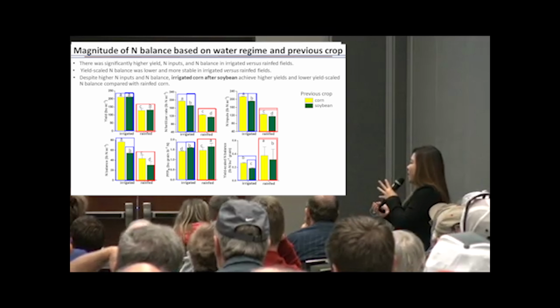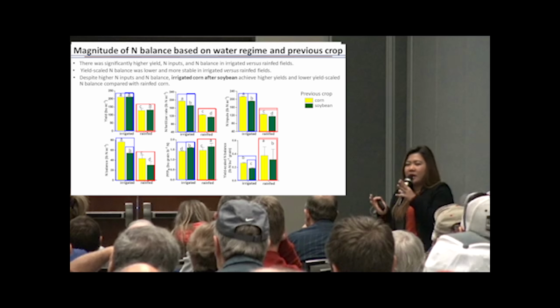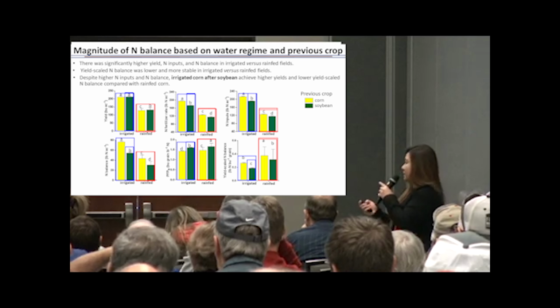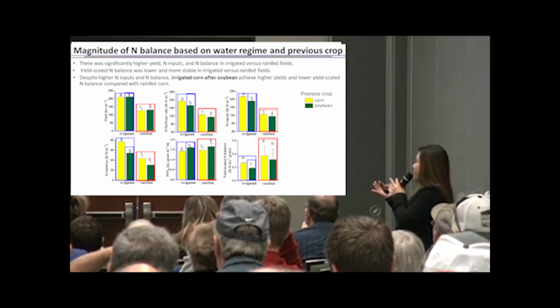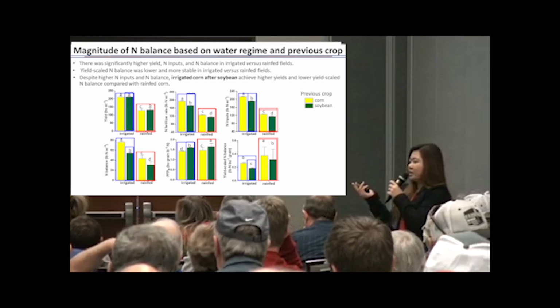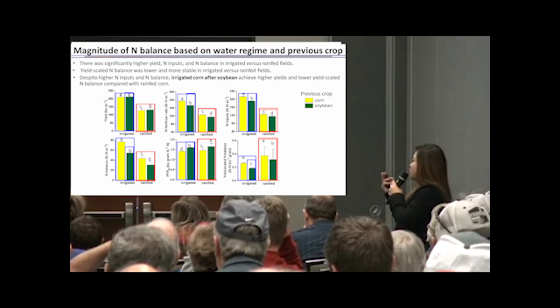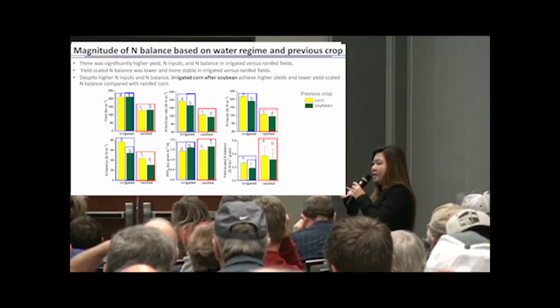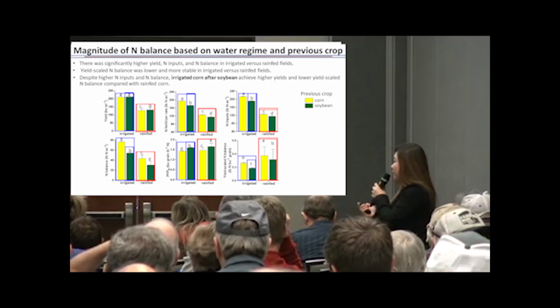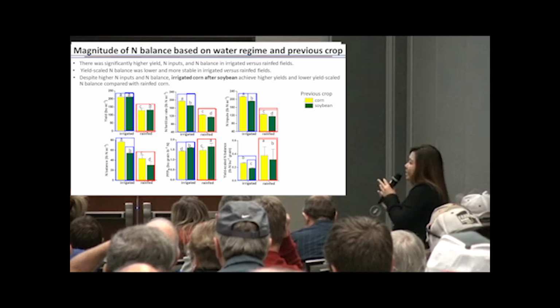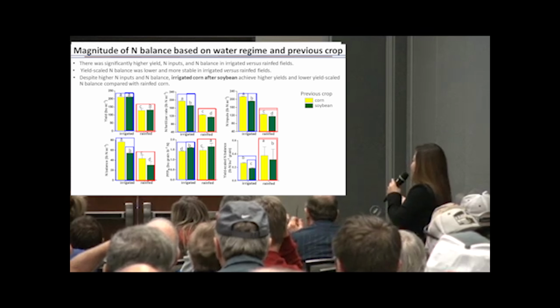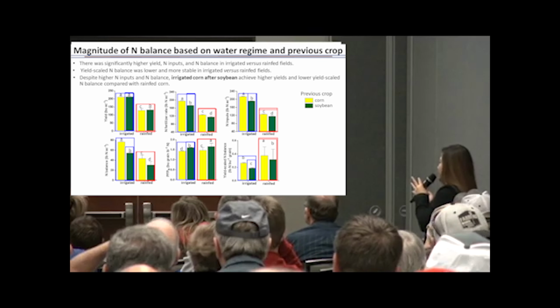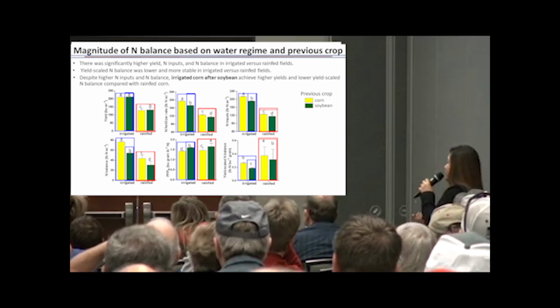First, I want to compare the performance of irrigated versus rain-fed fields. What we can see is that irrigated fields have higher yield, but they also applied higher nitrogen fertilizer and higher nitrogen inputs compared to rain-fed fields. And of course, they also exhibited higher nitrogen balance and almost similar partial factor productivity.